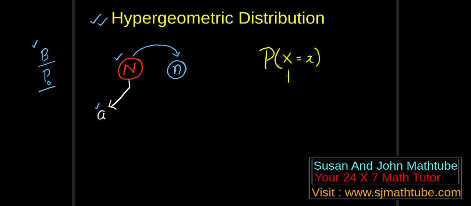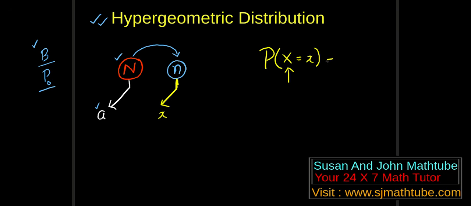Of course, capital X stands for the discrete random variable associated with the number of special items. So look at this. We selected a sample of size n, and how many should be with special property? X. That is what I told you here. We have to find the probability that x will have that special property.